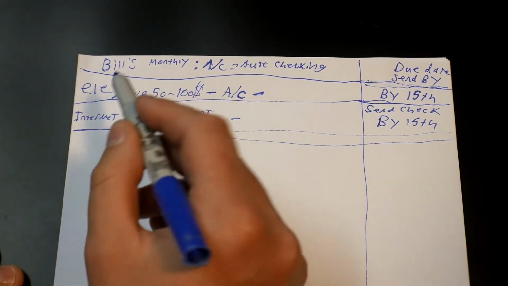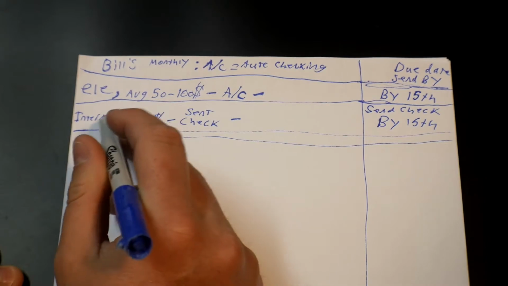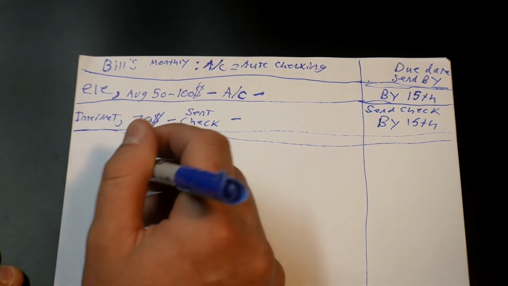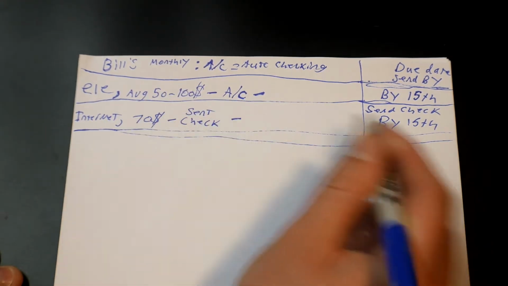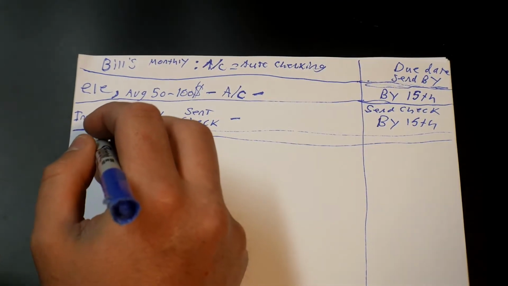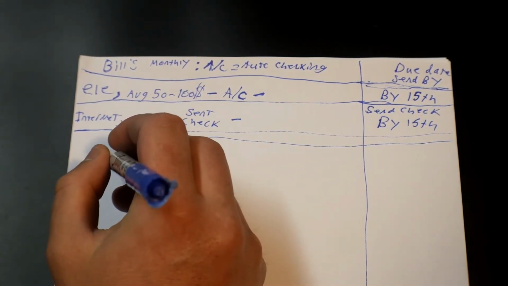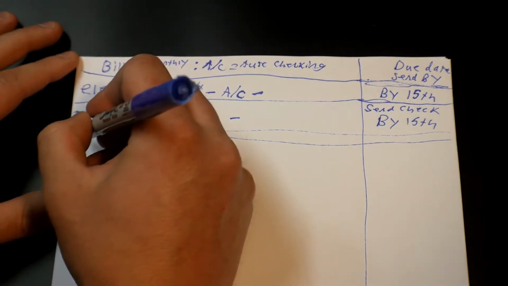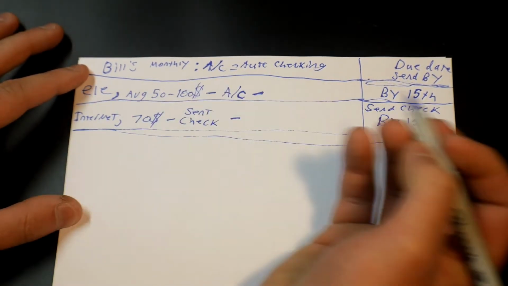People have internet, people have an electric bill. A lot of people have cable, but that could be with your internet. So if your bill is internet and cable, then you would put that all together, and so forth. Whatever bills are the same. So just for the sake of this, let's do auto insurance. How about that?